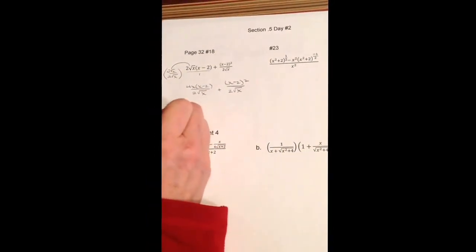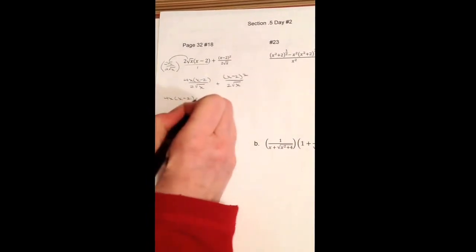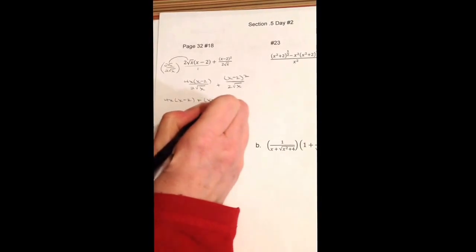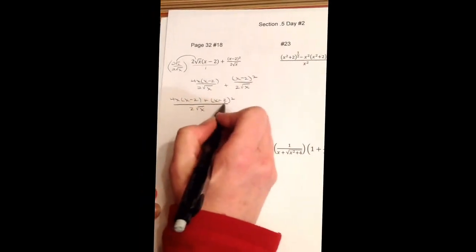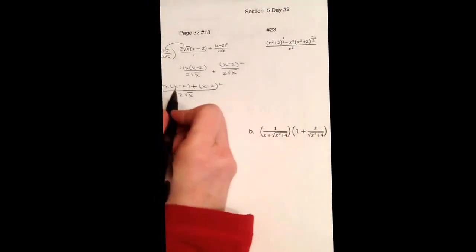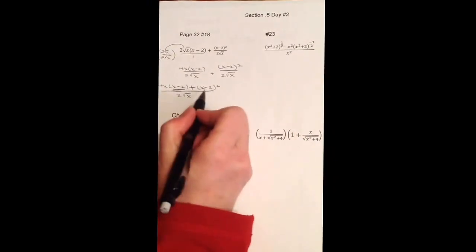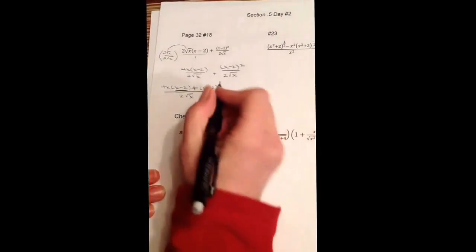Now when we combine them over this denominator, we can see that there is a common factor of x minus 2. So rather than squaring x minus 2 in this piece of the problem, we can factor out the common factor of x minus 2 here and here.